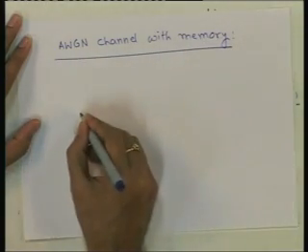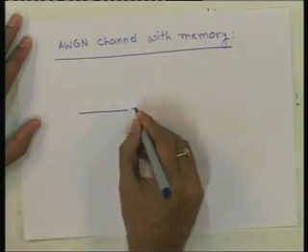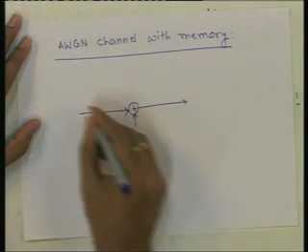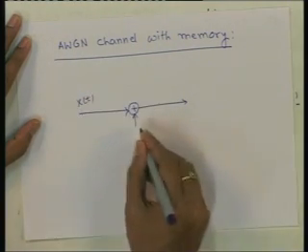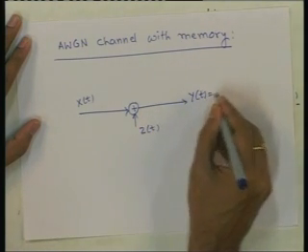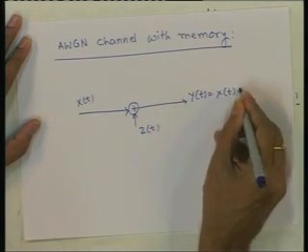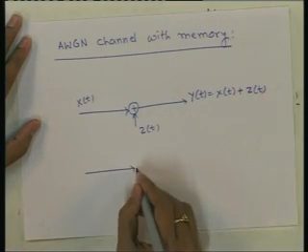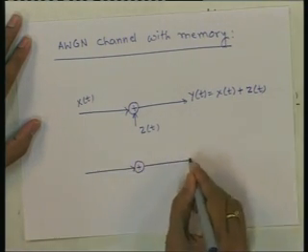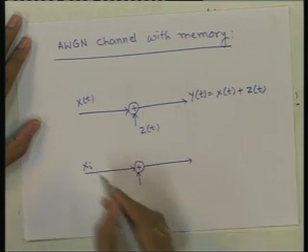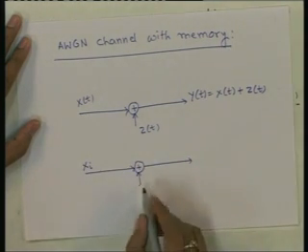So, here we have the same, this is the continuous time version: x(t), z(t), y(t), which is x(t) plus z(t), and the discrete time version is the same except that t is replaced by a discrete index i.